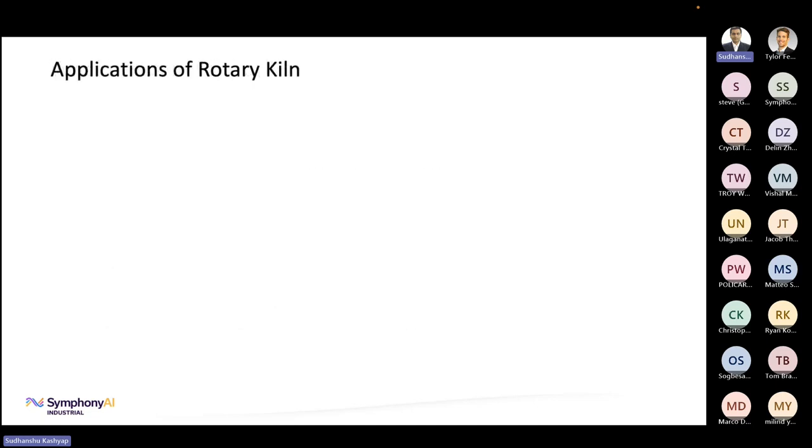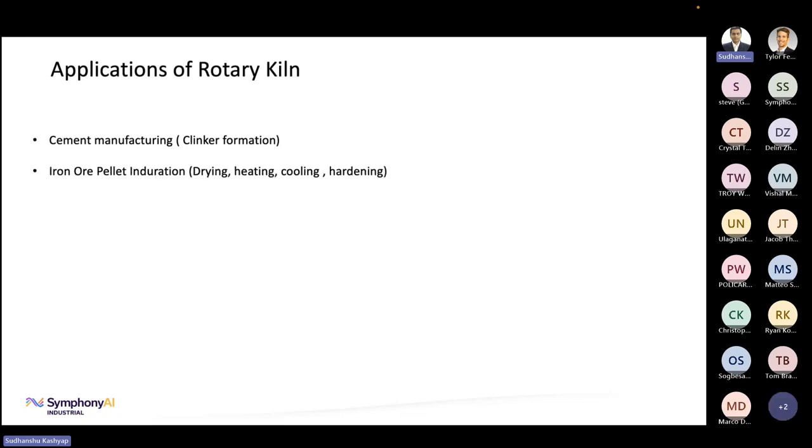If you look at other applications, of course cement manufacturing, where we produce clinker, uses a rotary kiln. We get into the iron making industry, where iron ore is converted into pellets and goes through multiple operations which we call the induration process: drying, heating, cooling, hardening those pellets, and that happens through a rotary kiln operation.